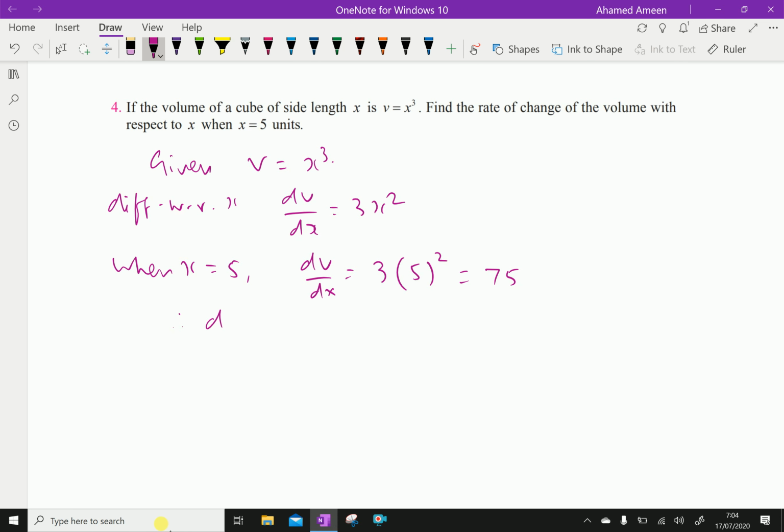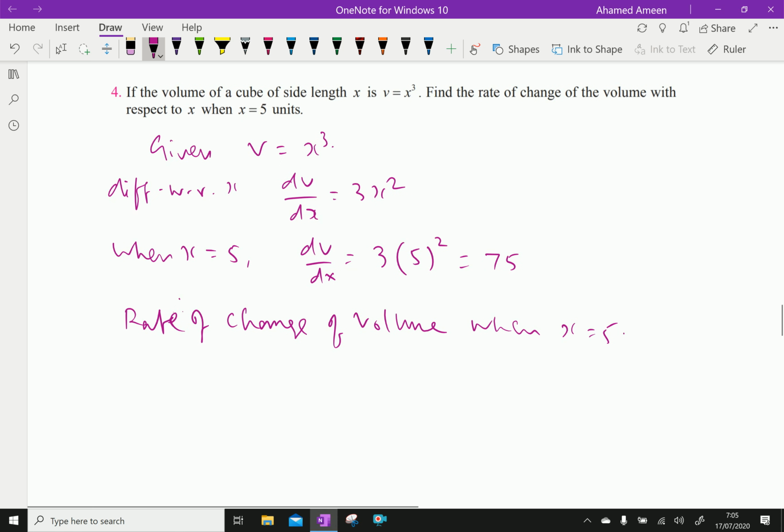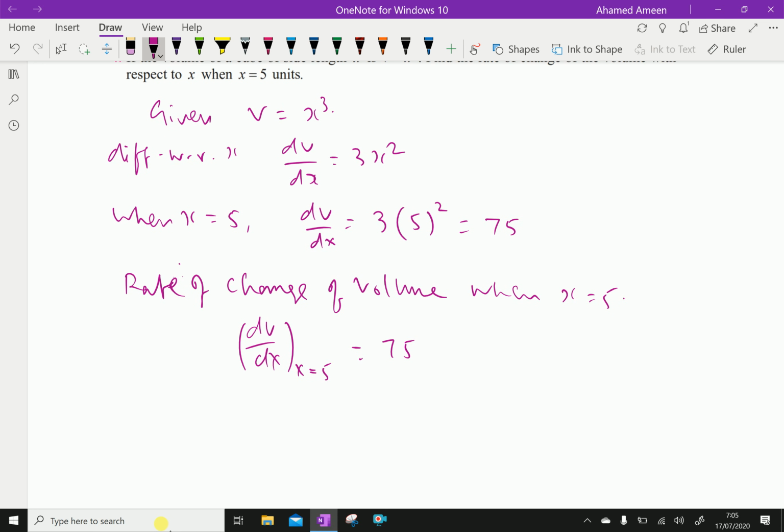Therefore, we have to find the rate of change of volume with respect to x when x equals 5. We can write this way: dV by dx at x equals 5 equals 75 units.